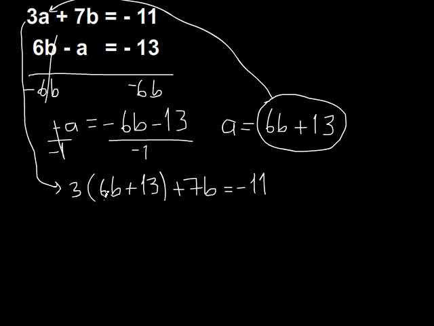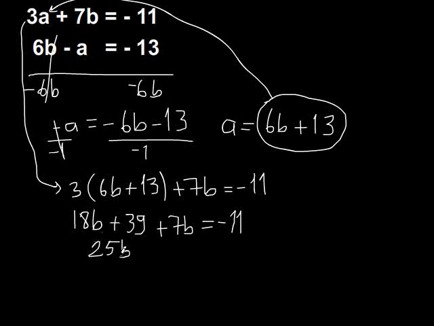When we use the distributive property, we have 18b plus 39 plus 7b is equal to negative 11. 18b plus 7b is 25b plus 39 is equal to negative 11.